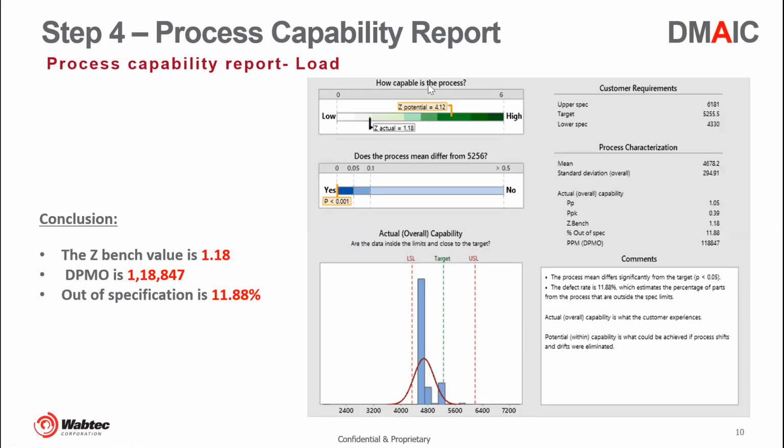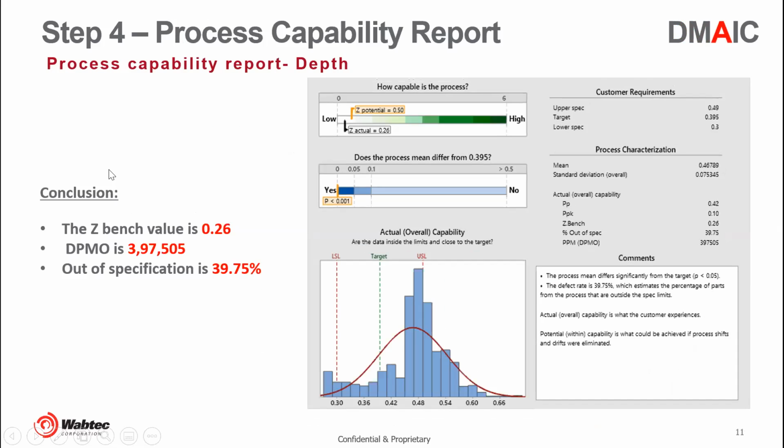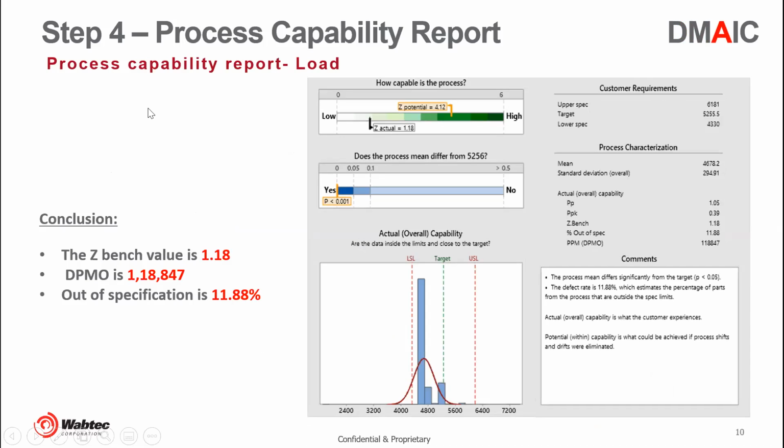Then we took the current situation of the process. On the process capability side, for the load, we were getting a Z value of 1.18 and DPMO was more than 1 lakh units. The out of specification parts were around 11.88%.